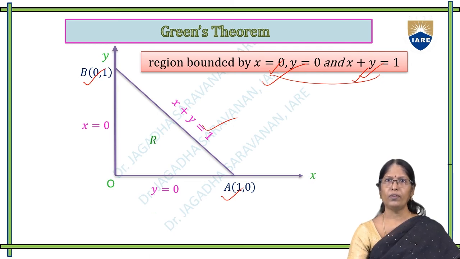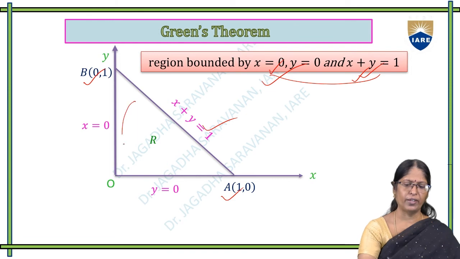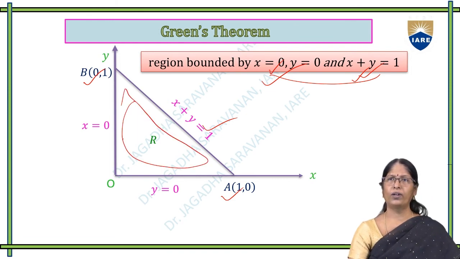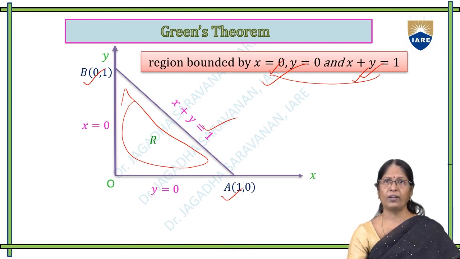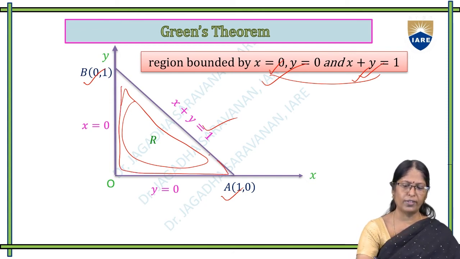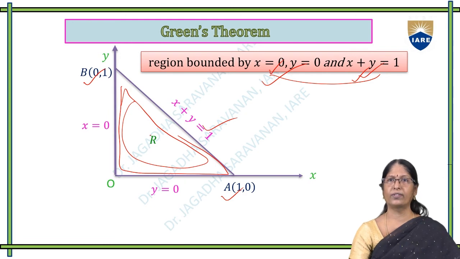Now this is the region, the capital R. So with the help of the conditions of bounded regions, we joined and got a right-angled triangle. Now this region is represented as capital R.